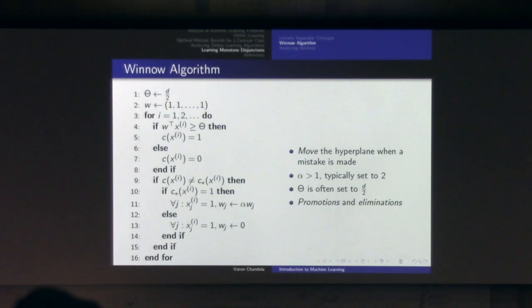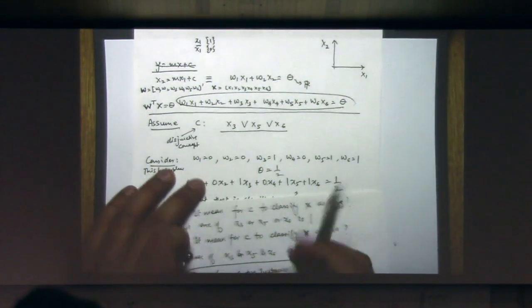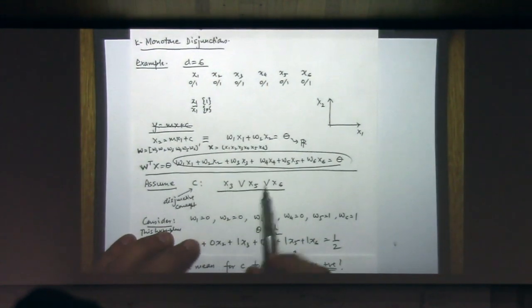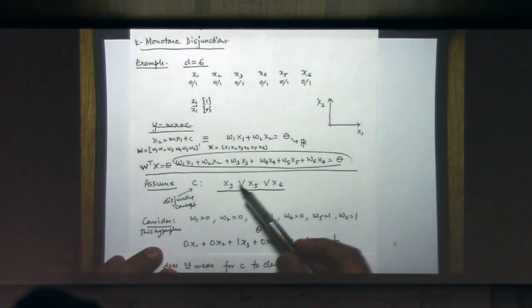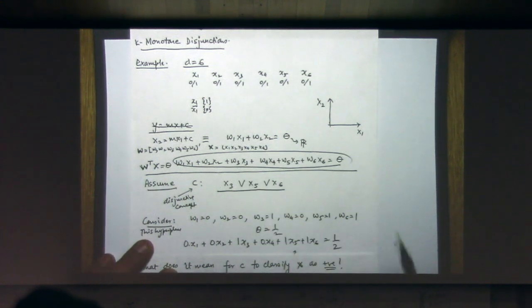And slowly, over these iterations, it will slowly remove the non-essential attributes. So remember that if we go back to our example, we want to learn this, right? We want to learn that this is our weight vector, because if this is our weight vector, then we essentially know that this is our concept, right?